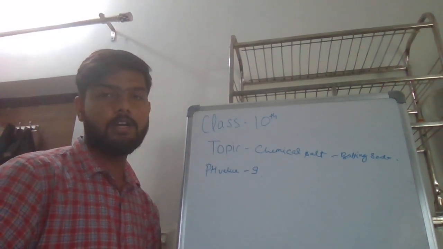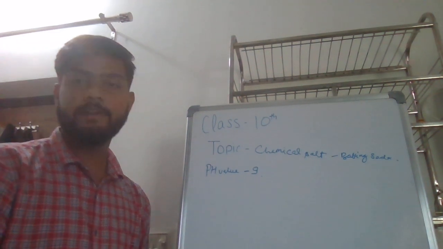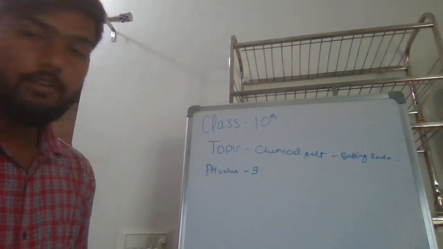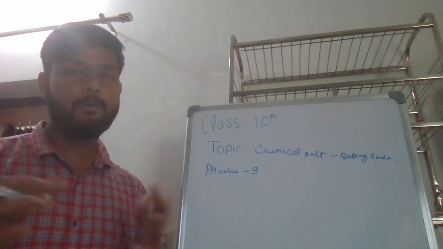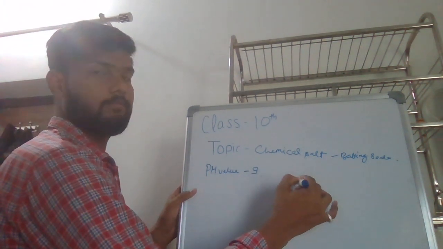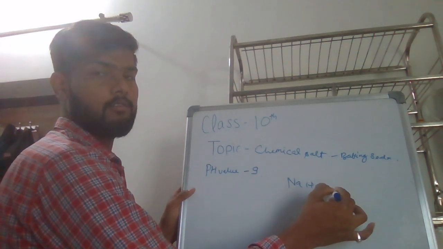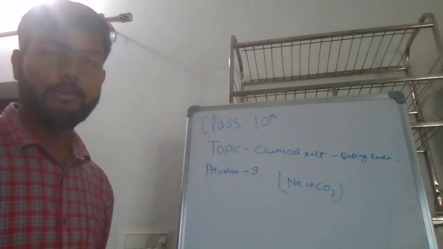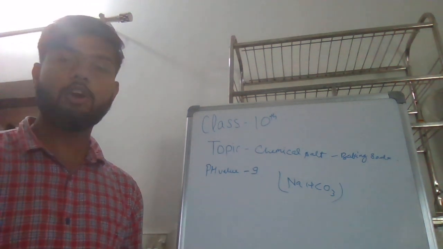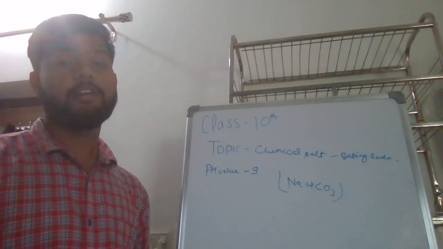Now I will explain the preparation of baking soda. First of all, the chemical name of baking soda is sodium hydrogen carbonate, NaHCO3. Or we can say sodium bicarbonate.